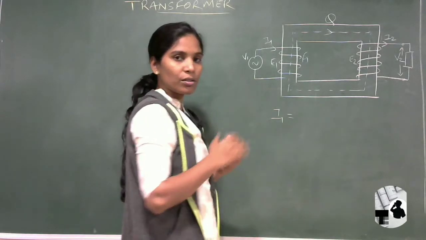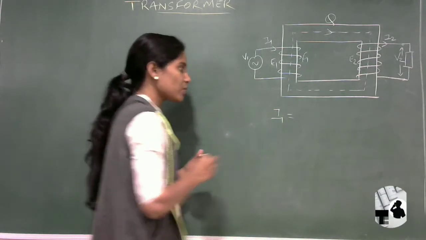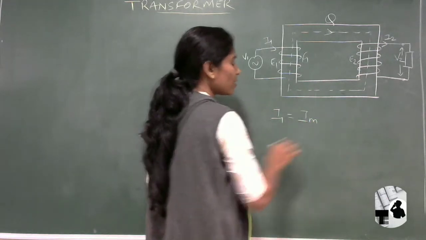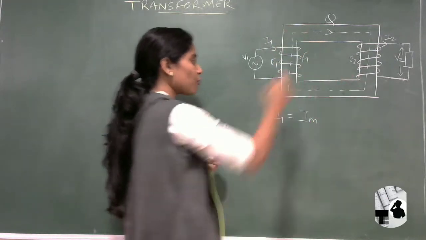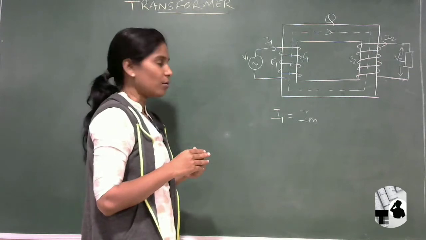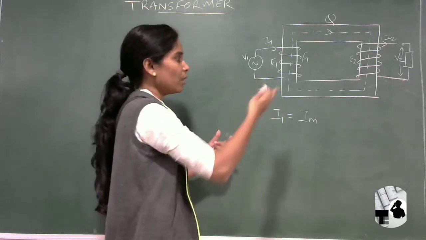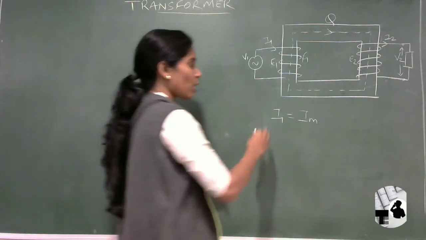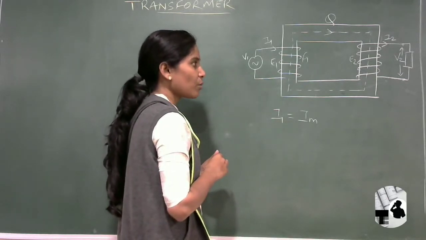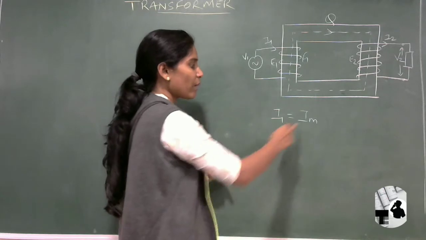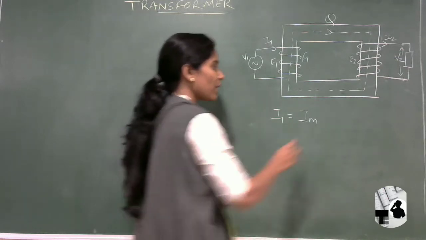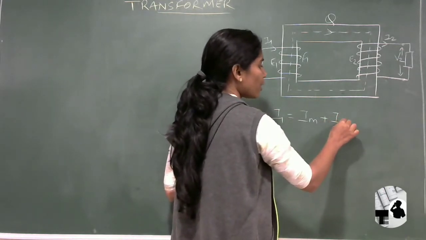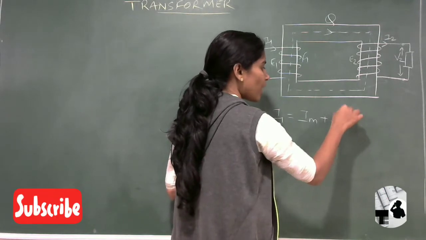Here, the input current I1 that we are giving does two important works. First, it will magnetize the transformer core. We have to magnetize the core, and only after that will we get sufficient working of the transformer. So I1 feeds the core through the magnetizing component of current, and with that we get a working component, which we can call I1 dash.